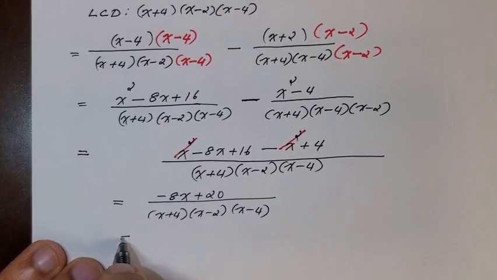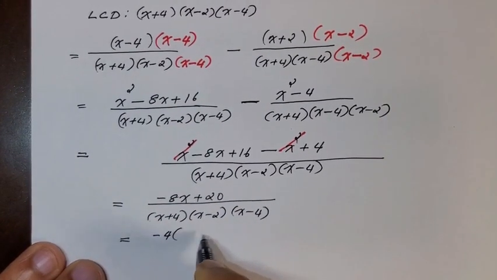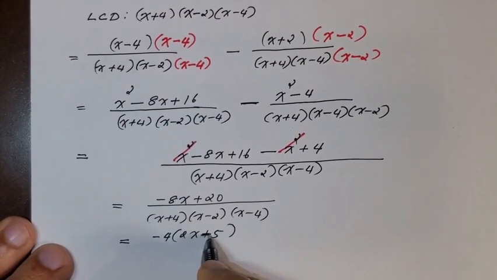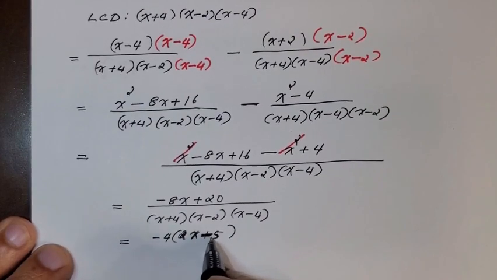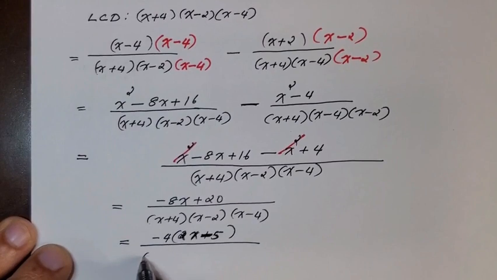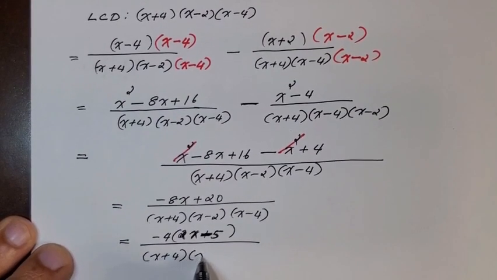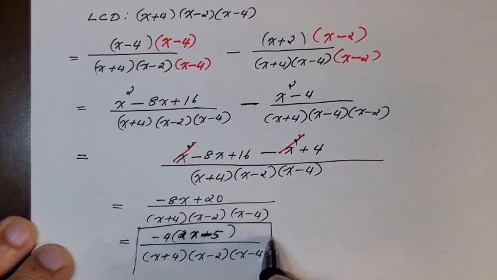You can do just one more thing if you want to take the negative 4 out. That is a common factor, so it'll be 2x minus 5. My fault, it is 2x minus 5 divided by (x plus 4)(x minus 2)(x minus 4). So that is the answer right there.